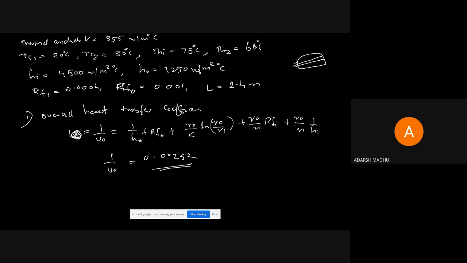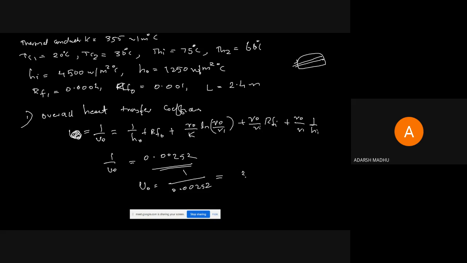So Uo equals 1 divided by 0.00252 is your answer. Uo, the overall heat transfer coefficient, is the reciprocal, 1 by 0.00252.